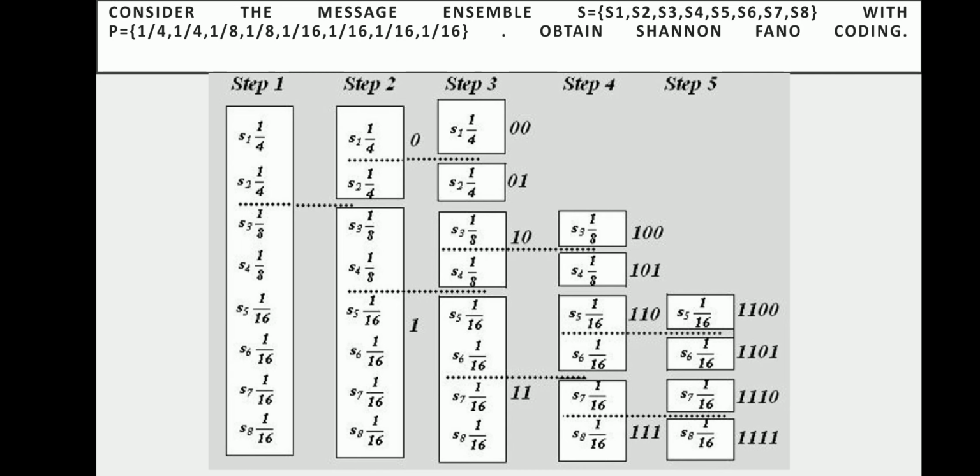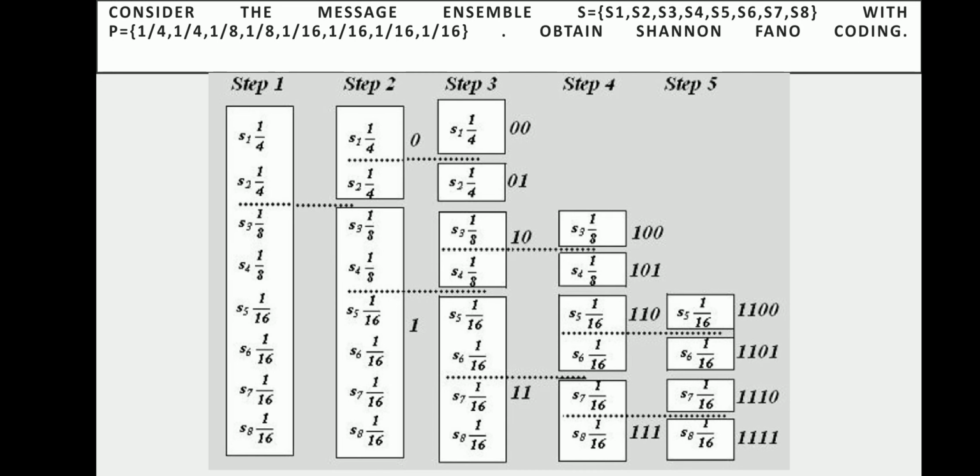In step 4 we can see that S3 and S4 are there. We need to divide S3 and S4. Then S3 is coded as 100 now and S4 is coded as 101 now. Then we can take the remaining group, which consists of 4 symbols. Then we divide that into two groups.